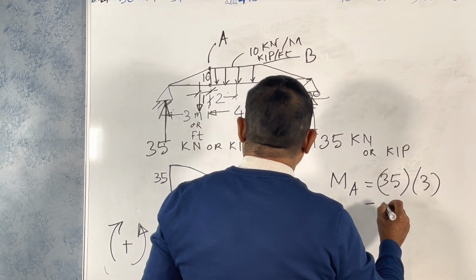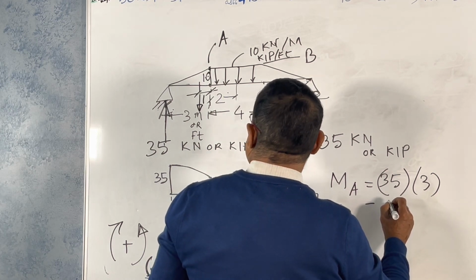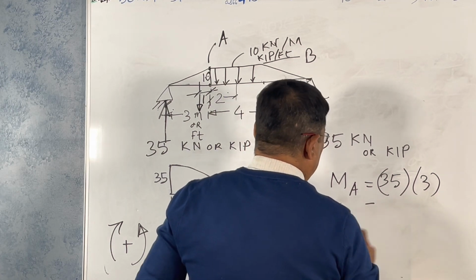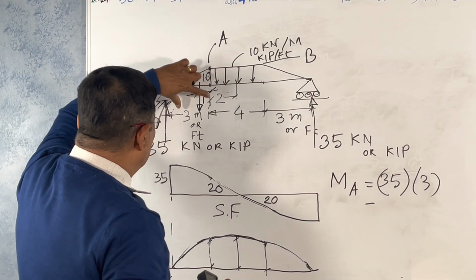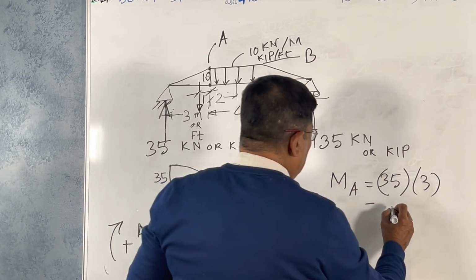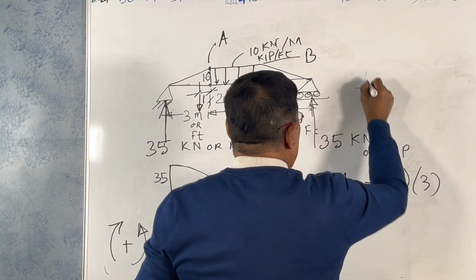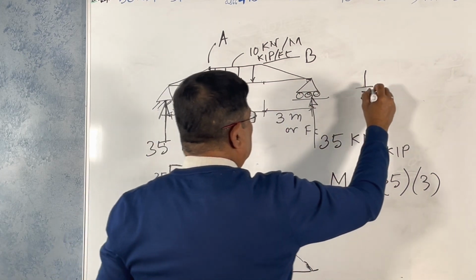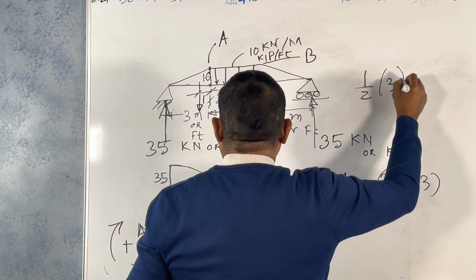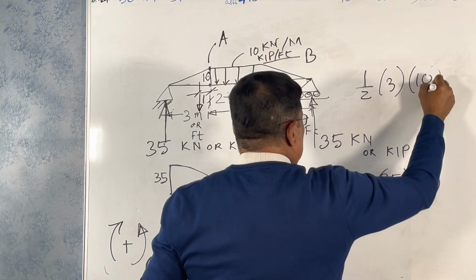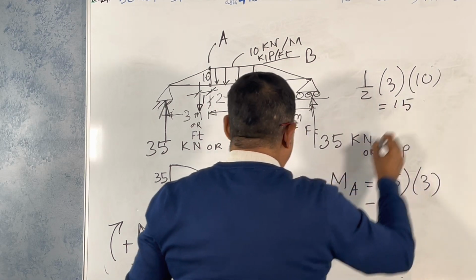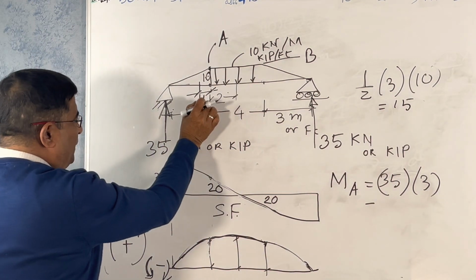What is the area of the total force? Half base into altitude is 3 times 10 over 2, it is 15. 15 is acting 1 meter from here.